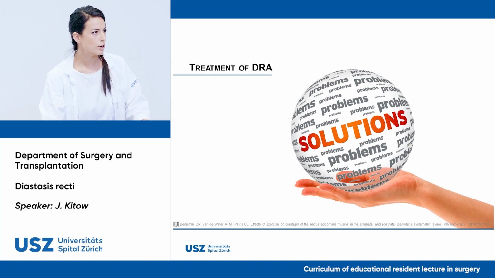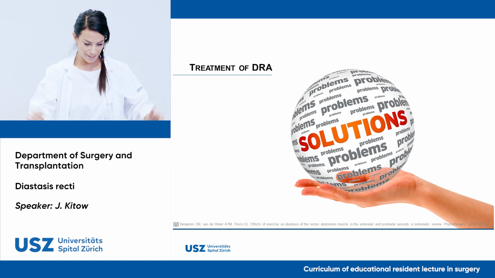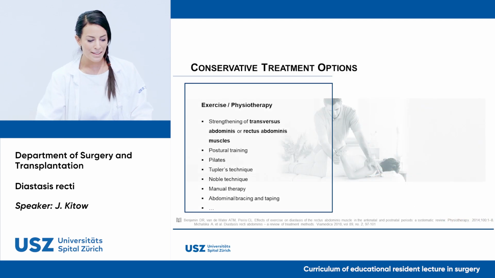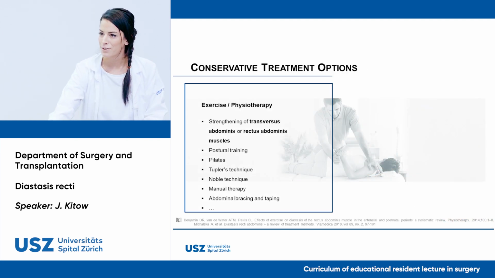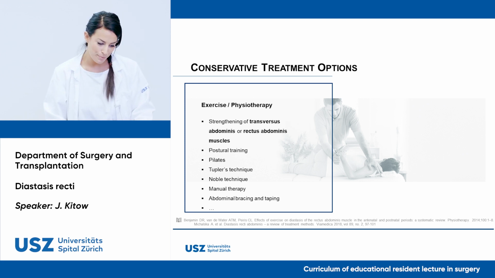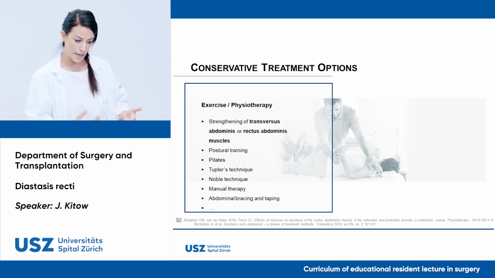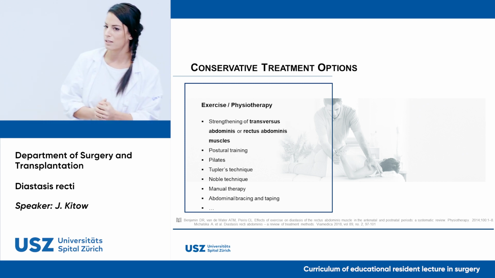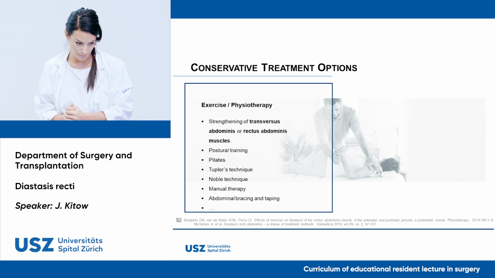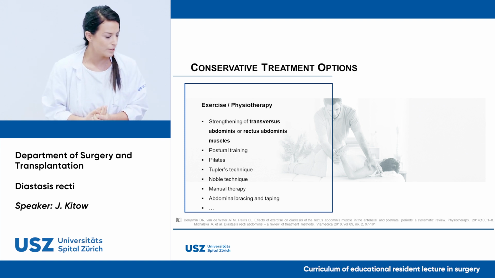So now we talked a lot about problems. Are there solutions? And yes, there are. There are, on the one hand, conservative treatment options in exercise and physiotherapy. What is recommended, or what people say you should do, is strengthen the transverse and rectus muscle by posture training, Pilates, for example.